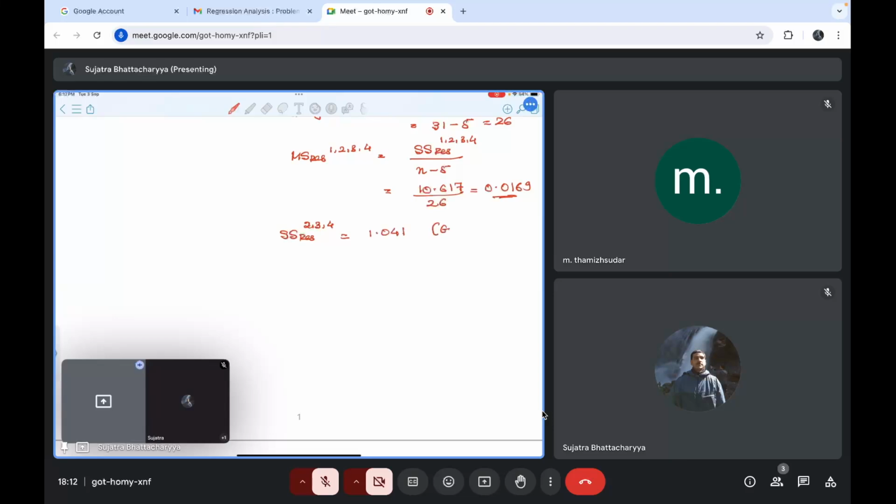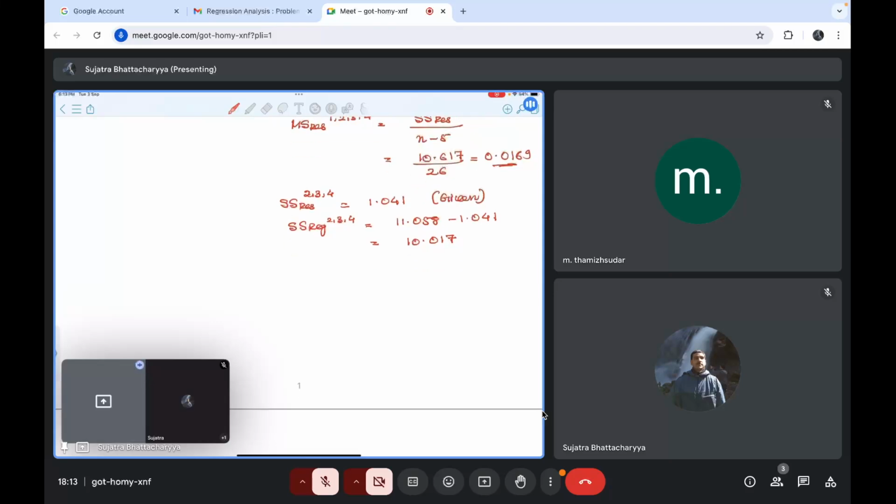Once it is given, you have SS regression of 2, 3, 4, which is again SS total, which is 11.058, minus 1.041. So what will it be? It will be 10.017. Okay. So SS regression of 234 is found, and MS residual is already calculated.